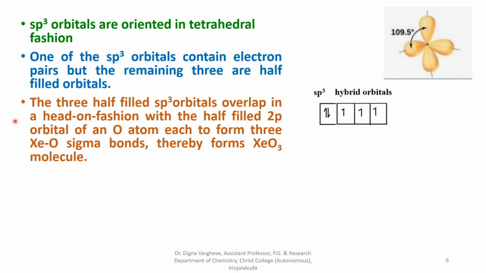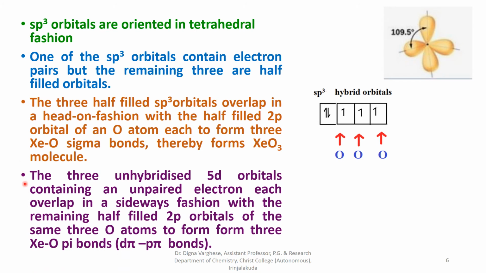The three half-filled sp3 orbitals overlap in a head-on fashion with the half-filled 2p orbital of an oxygen atom, each forming 3 Xe-O sigma bonds, thereby forming the XeO3 molecule.